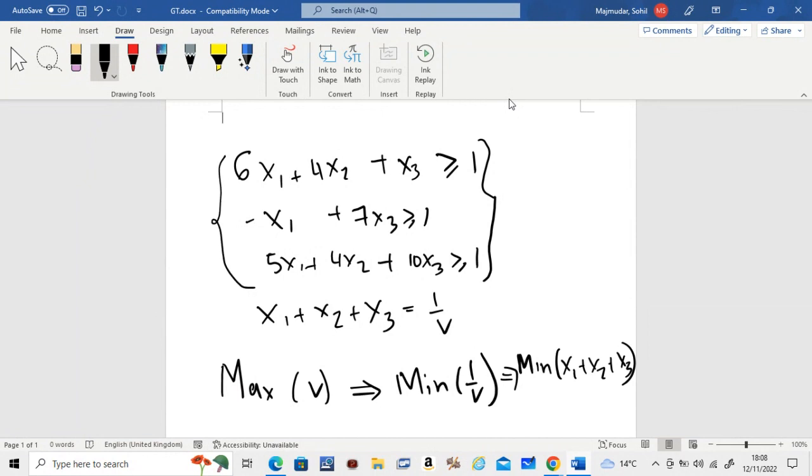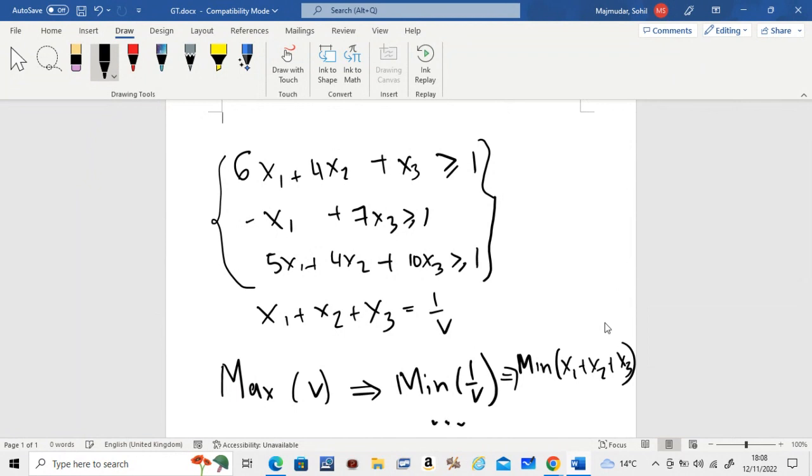And remember, once we find x1, x2, x3, our main aim is to find P1, P2, P3, which we did in the earlier part of the problem. And then you also find V. Remember, V in both cases will stay the same. If not, you're making a mistake. Okay, so then you can just finish the problem.